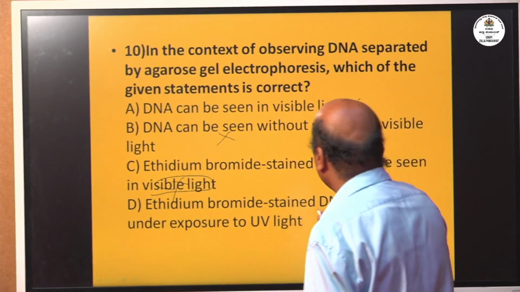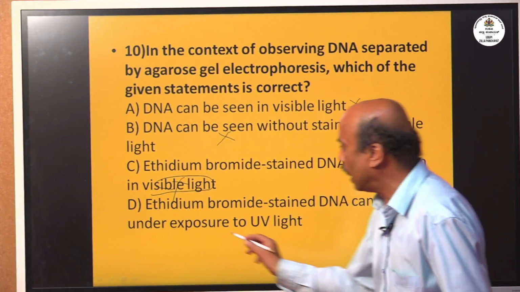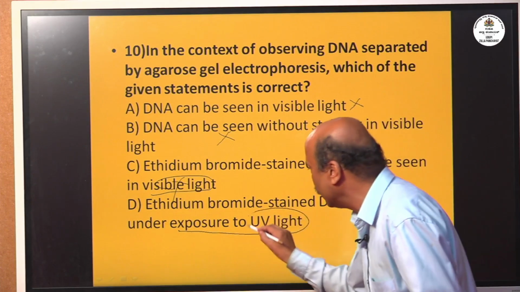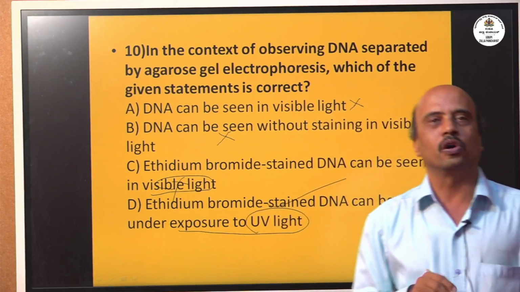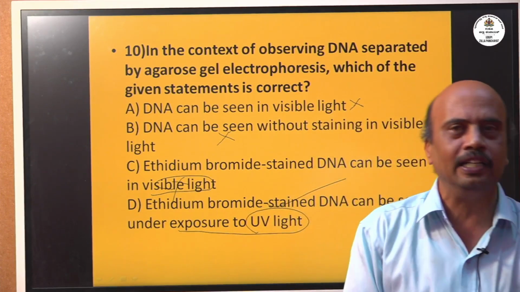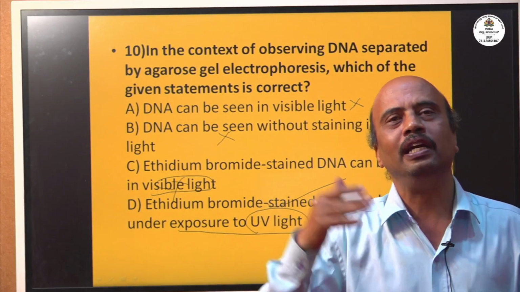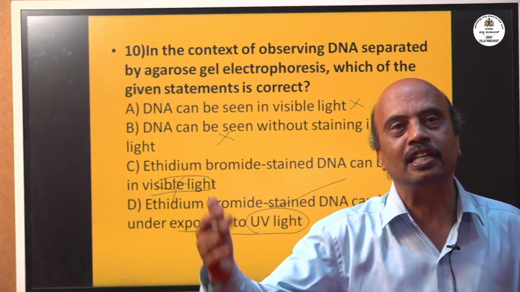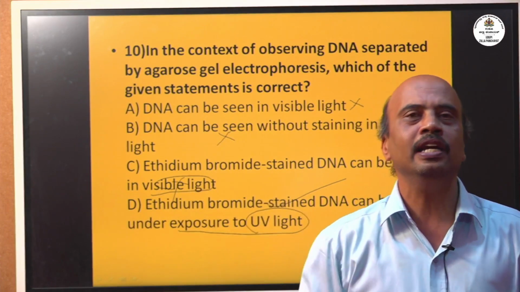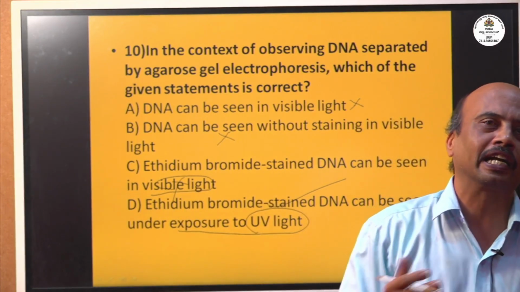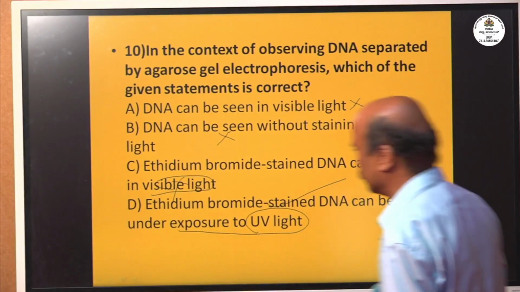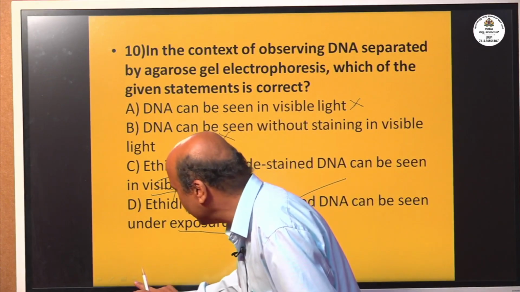So ethidium bromide stained DNA can be seen under the exposure of UV light. This is the correct answer. Under UV light, the DNA fragments can be seen as bright orange colored bands on the gel that can be isolated by a technique known as elution. So the answer is D.